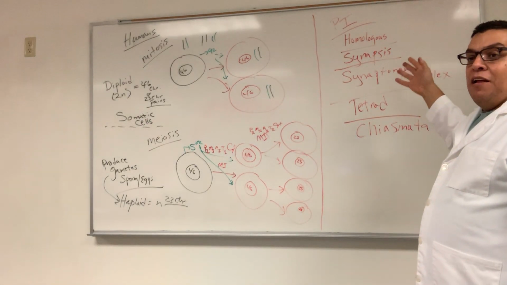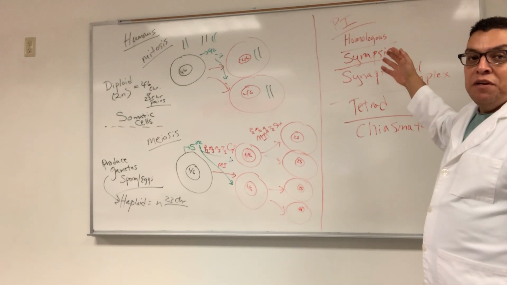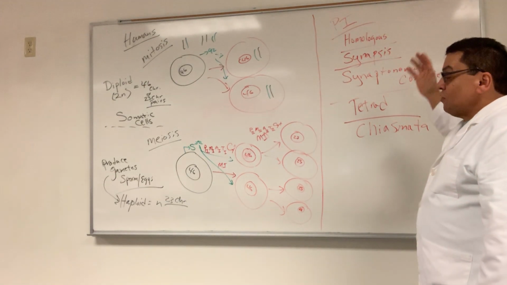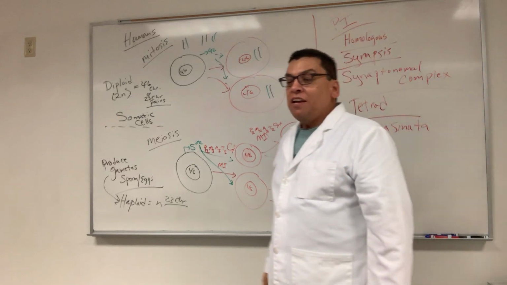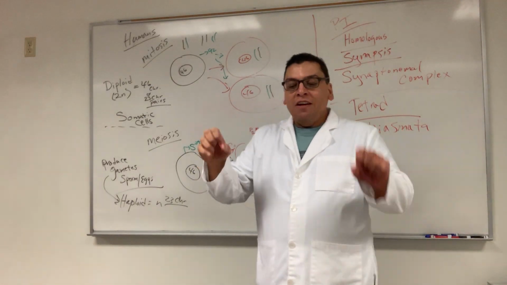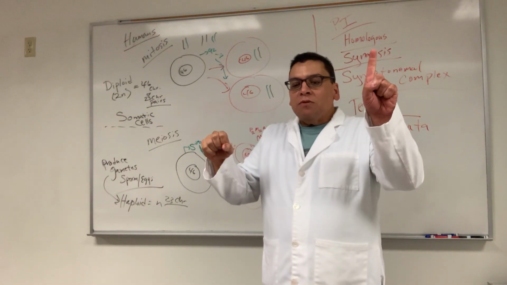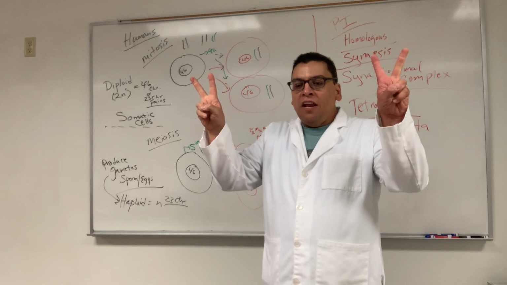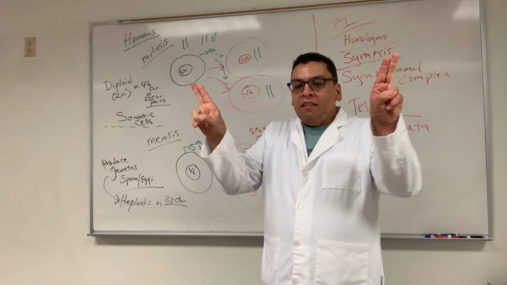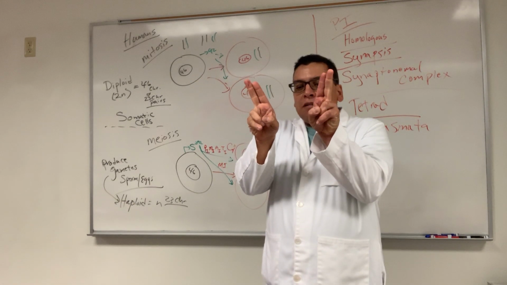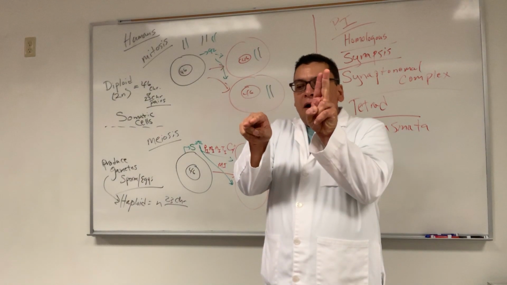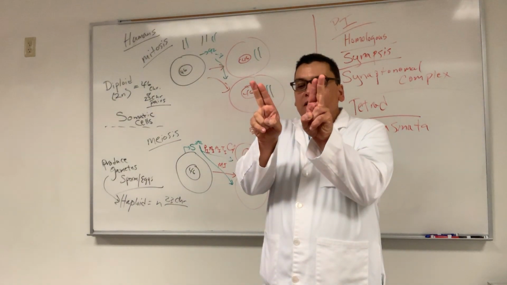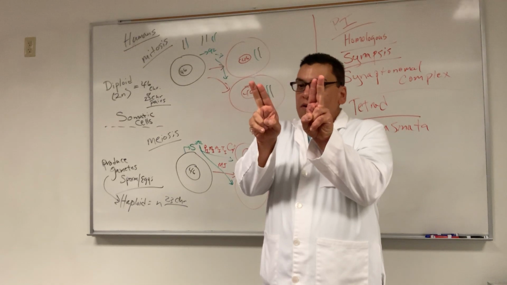So if I have to say it in words, if my professor forces me to get up in front of everybody to describe this event, here's what I would say. Dad's chromosome 1, mom's chromosome 1, they duplicate in the S phase. They come together, attach together through synapses in prophase 1. The homologous chromosomes attach to each other by synapses in prophase 1.